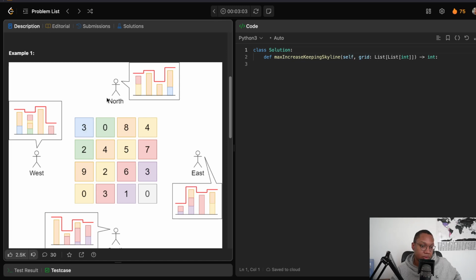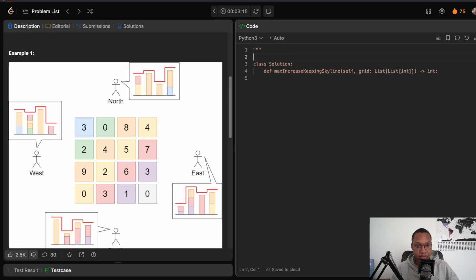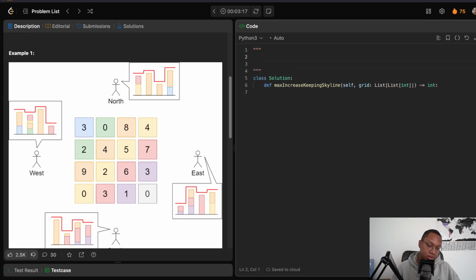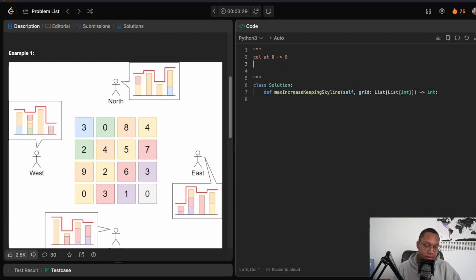we can iterate through the north, grab the max, and then set this row or column to a max of 9. So column 0 will have the max of 9, and then we'll keep going, column 1.